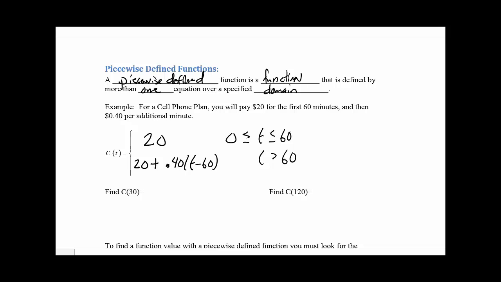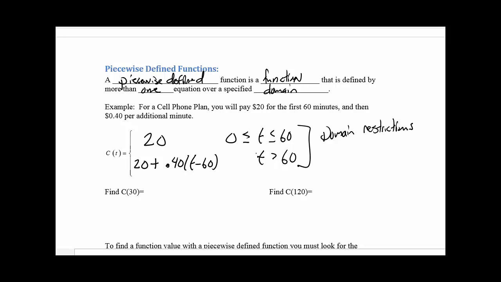Okay. Now, over here, we have what are called domain restrictions. These tell me when to look at each piece of my function. So if it's between 0 and 60, I'm going to look at the top equation, which in this case happens to be 20.